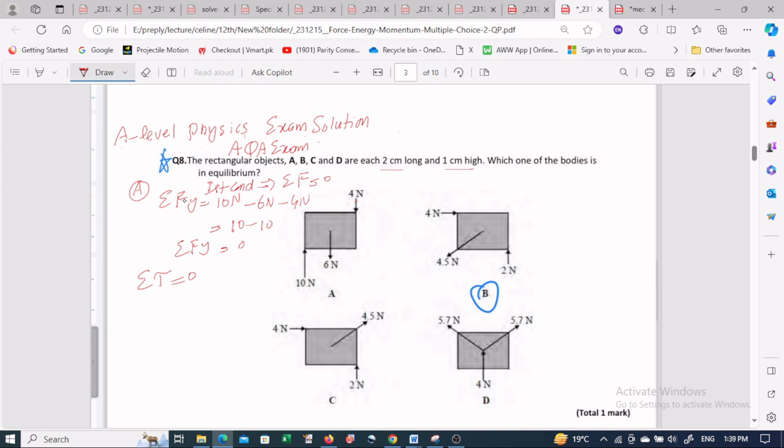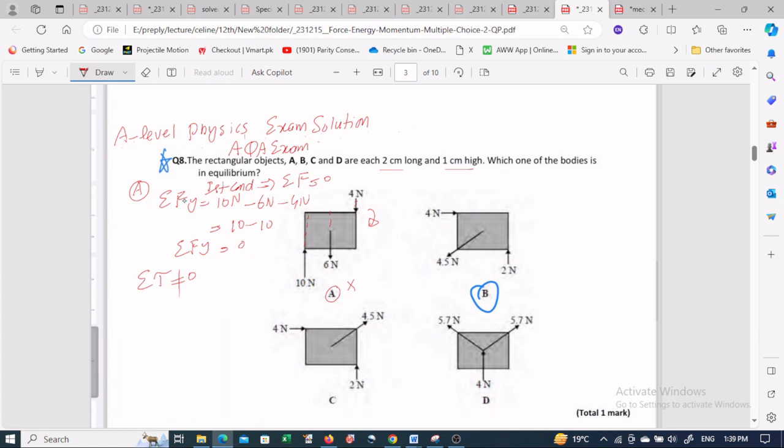But this does not satisfy it, because the line of action of each force is different. These two forces can rotate this object, so it will not be in equilibrium. So A is the wrong option, because it does not satisfy the second condition of equilibrium.